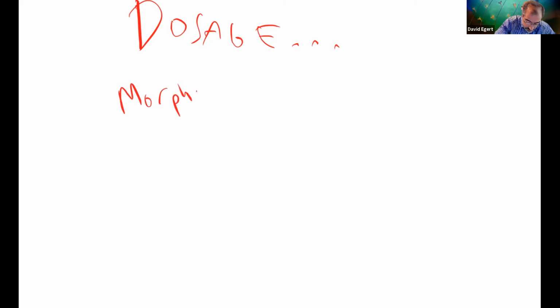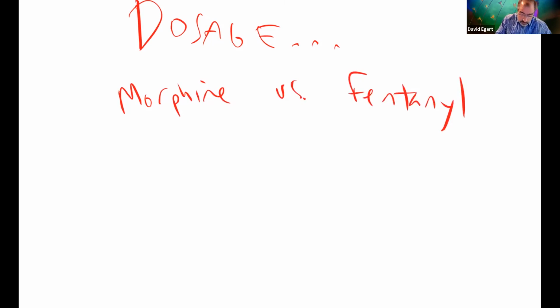Affinity can also affect dosage. So if you think about morphine versus fentanyl, both are used clinically all the time for pain.